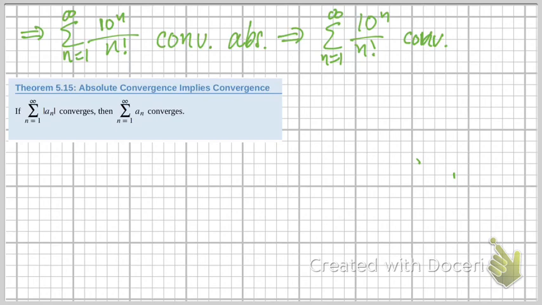For a test or a quiz, you don't have to write 'by the theorem'; it's understood at this point. What you do have to say is that it converges absolutely, which implies it converges. That would be enough for me, because you're just restating the theorem.